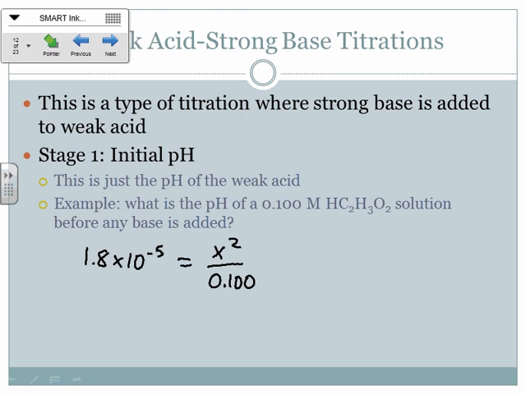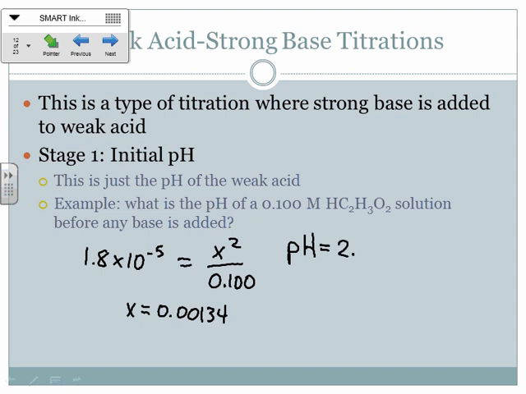Once you solve for x, you get 1.8 times 10 to the negative 6th, and then you take the square root of that. You get x equal to 0.00134, something like that. That is going to be our H plus concentration in that solution. Then we take the negative log of that number, and that gives us our initial pH. At that concentration, our initial pH is going to be 2.